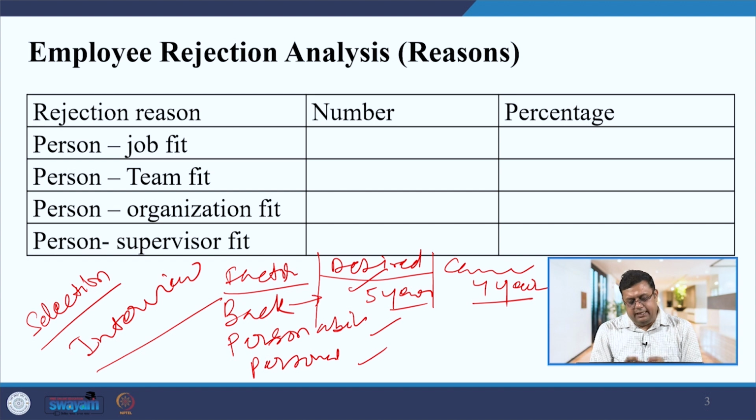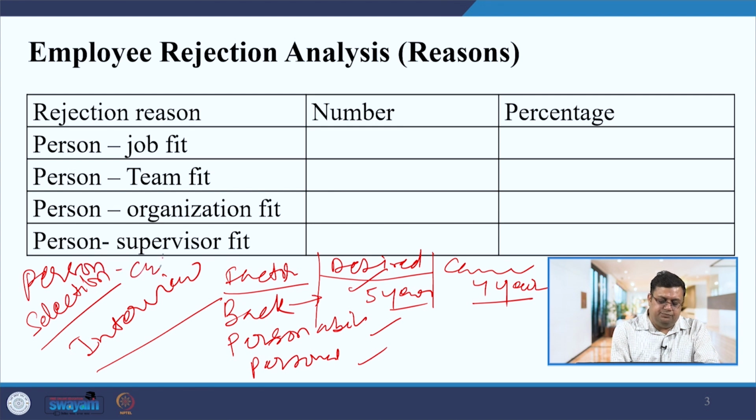If you analyze all these parameters for a candidate, in most of the jobs you will find these parameters are related to either person job fit, person team fit, person organization fit, person supervisor fit, and one more fit that we can add, person culture fit, right. So, these are the regions that we can see.